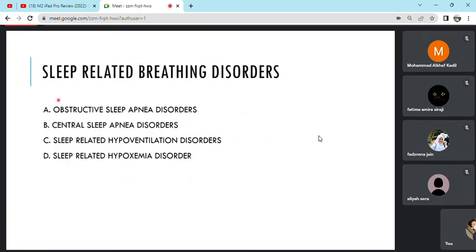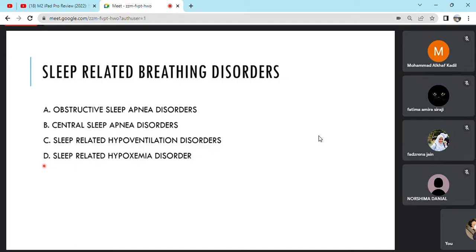Next is, again, as I've said, why are we talking about sleep-related breathing disorders? While in fact, as I've mentioned in my opening slide, it is about obstructive sleep apnea. Well, because OSA, or obstructive sleep apnea, is actually classified under a bigger classification, which is known as sleep-related breathing disorder.